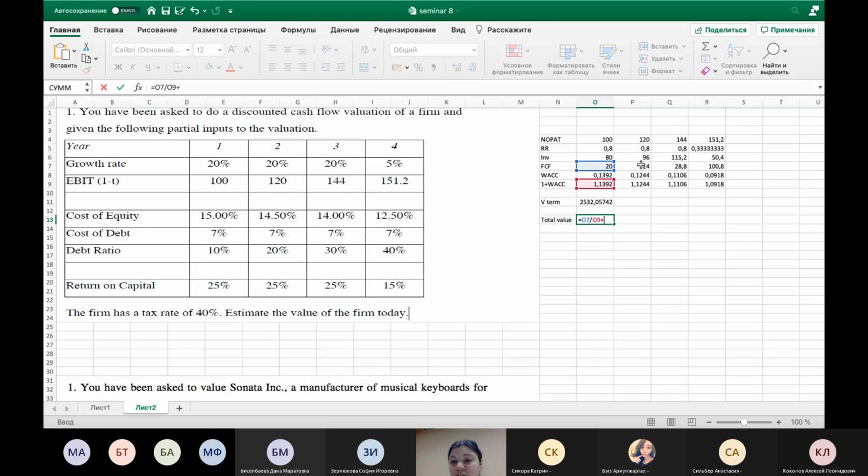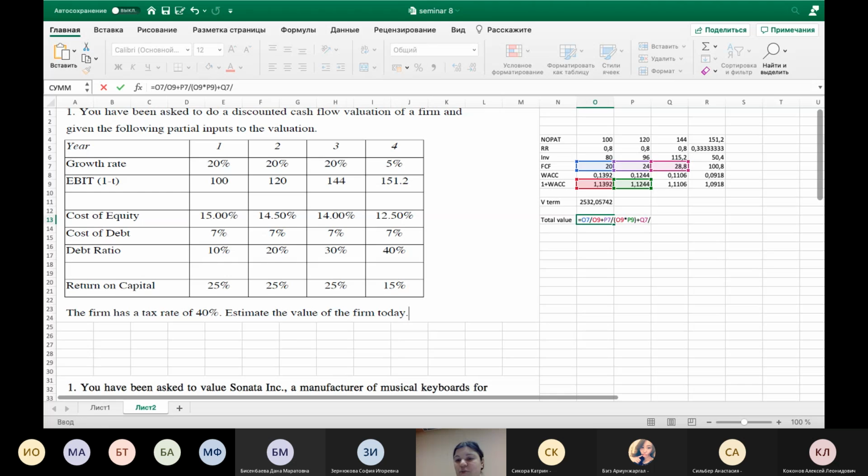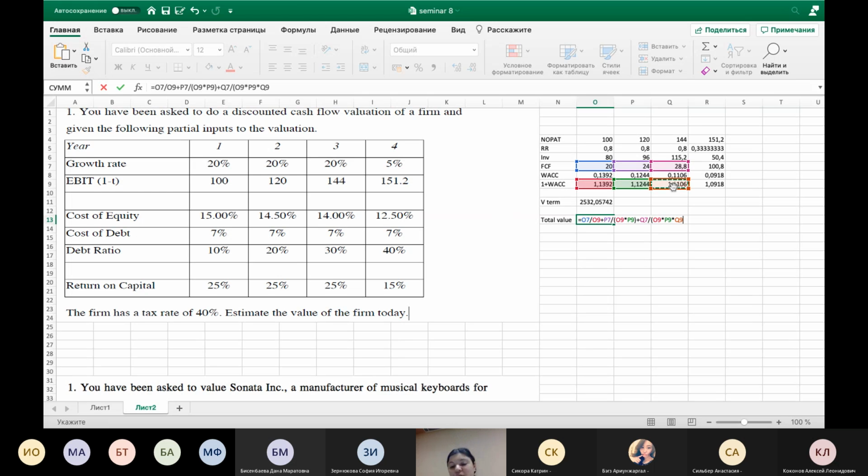Plus free cash flow for the second year divided by 1 plus first rate multiplied by 1 plus the second rate, plus our free cash flow of the third period divided by 1 plus first rate multiplied by 1 plus second rate multiplied by 1 plus third rate.